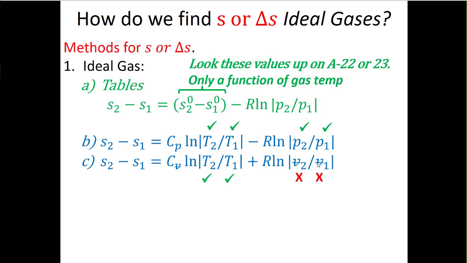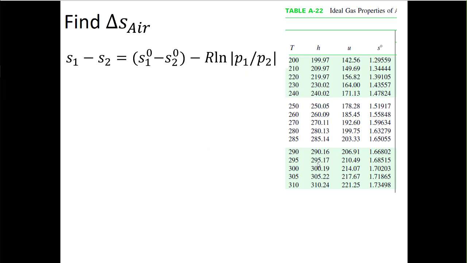There's no difference in accuracy between B and C, these constant specific heat relationships, but option A is more accurate than option B and C, right? But here we can't really use C, right? So I'm going to start off doing this with variable specific heat, right? Because I want to show you that's kind of the newest thing to do here, right?